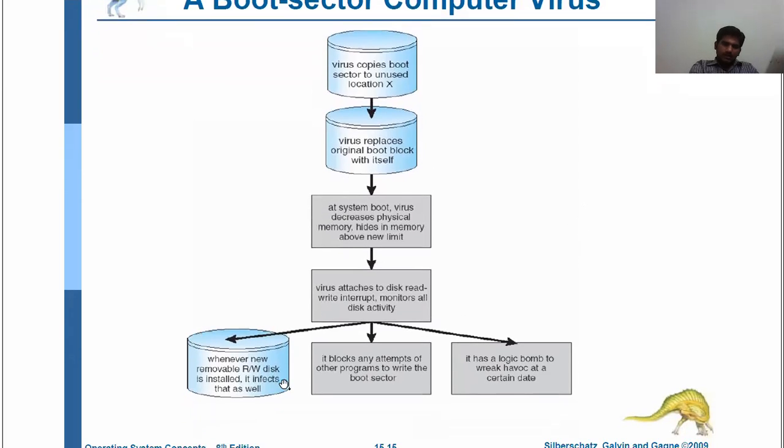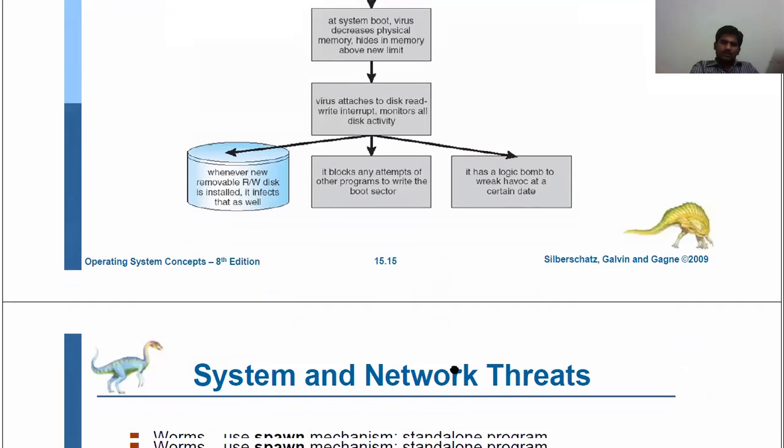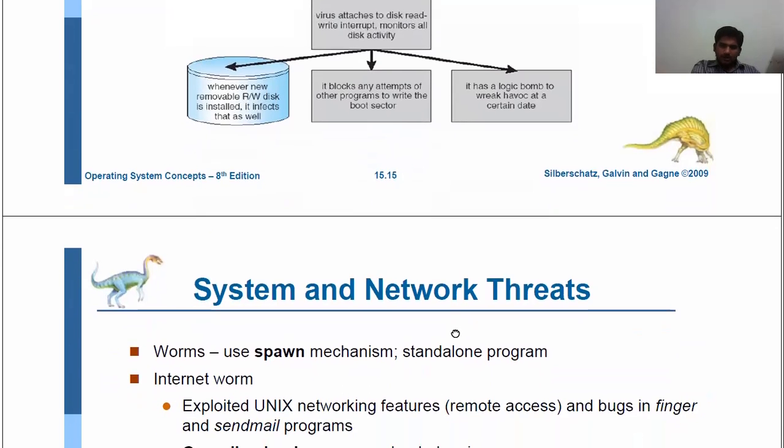So whenever a new removable read and write device is installed, it interfaces with the system. If any program attempts to write to the boot sector, it is blocked. There is a logic bomb that is executed at a certain date or time. The virus attacks when, for example, we unwantedly click on that file.